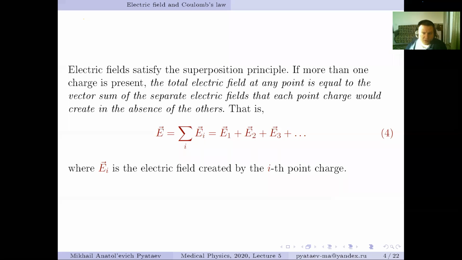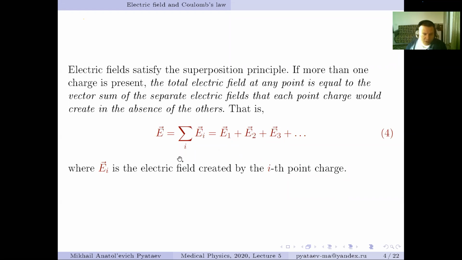If we have several charges, then the force produced by them is just a vector sum of all forces which would be produced if we had only one charge independently of the others. So in terms of electric field, this superposition principle can be formulated as equation 4. The total electric field is a vector sum of all fields produced by all sources of electric field.